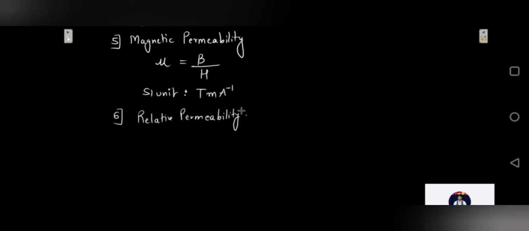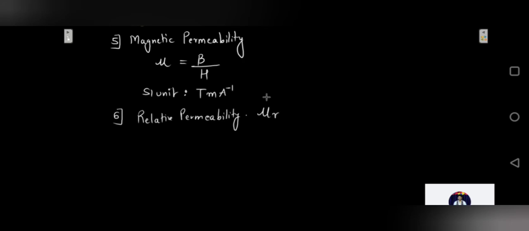If you take two substances, for example, you take one material as your standard material, let's say soft iron, and another material as vacuum, their magnetic permeability can be compared with each other, and the ratio of the two is going to give you the relative permeability, how one permeability is relative to the other. That is relative permeability, denoted by mu r.